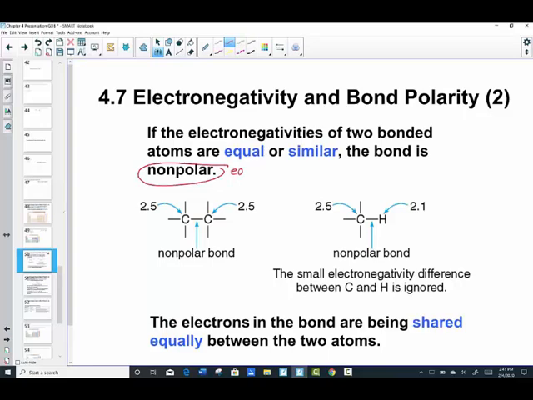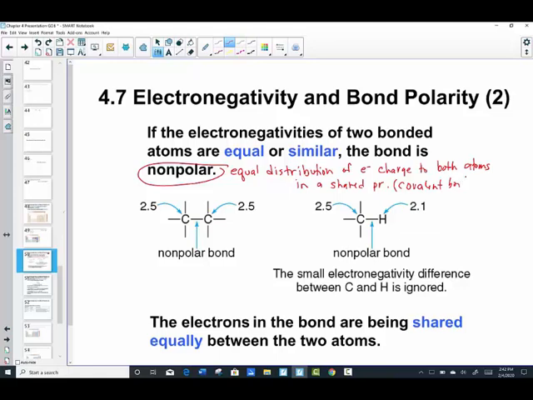I'm going to define that as an equal distribution of electron charge in both directions. And that's really what our definition of a covalent bond is.